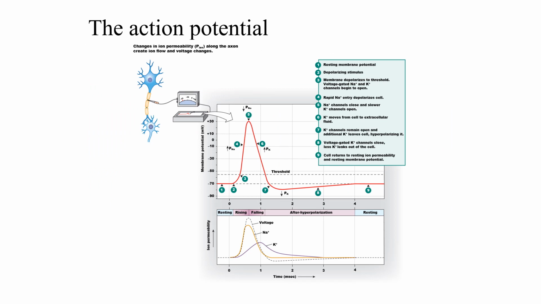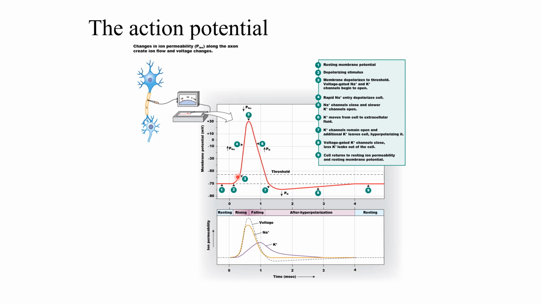Okay, so the graded potential, as we said, must reach that trigger zone, depolarizing the membrane to the threshold of negative 55 millivolts. Once it reaches that trigger zone and it hits that negative 55, an action potential is going to be triggered. So as we see right here with the graph, we start off, as we said, at negative 70 millivolts.